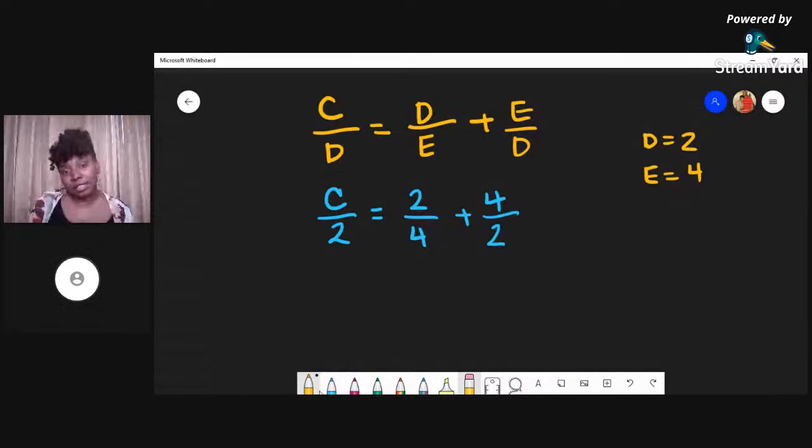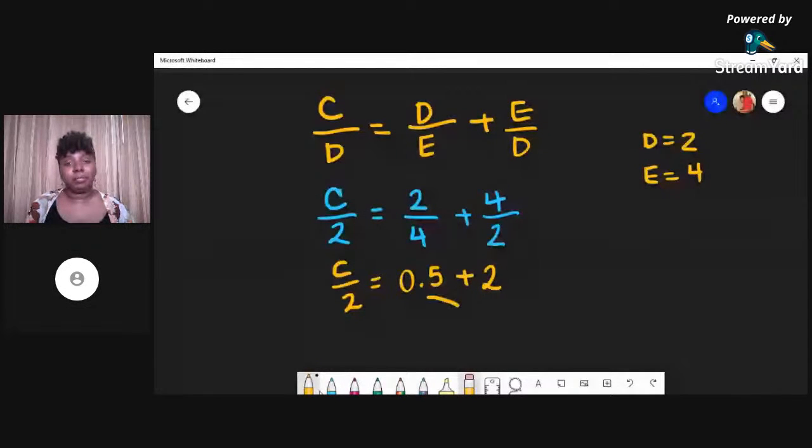Then I divided 2 by 4, which was 0.5. Plus, and then I divided 4 by 2, which is 2. So now I'm going to do my addition. Okay. So C over 2 equals 2.5.